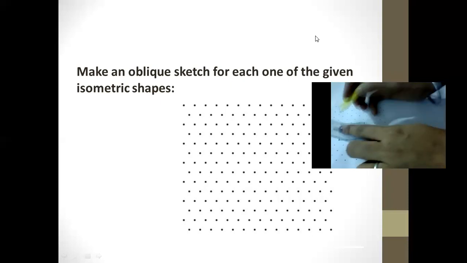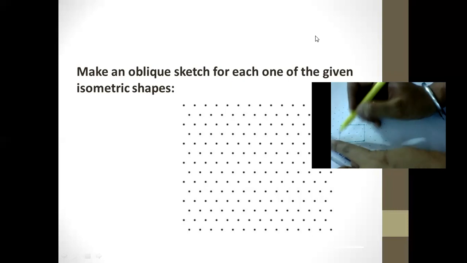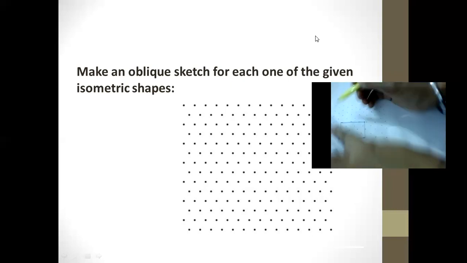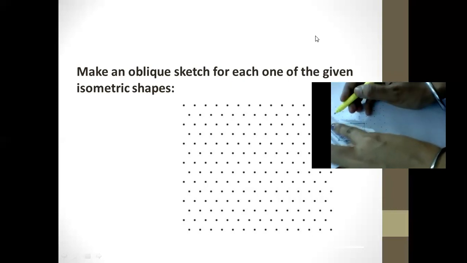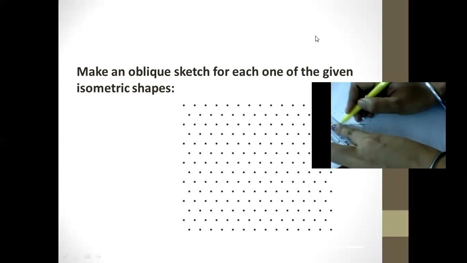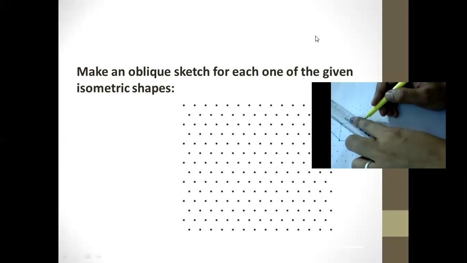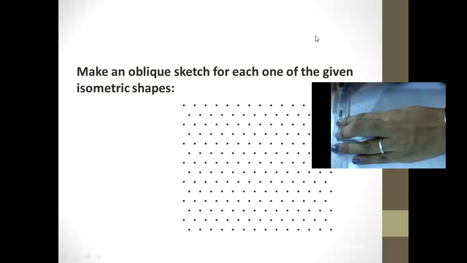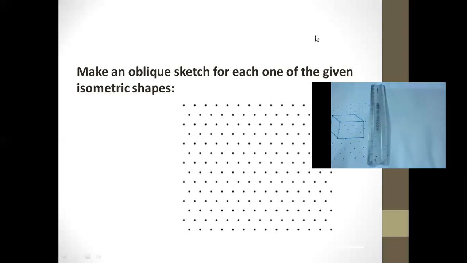Then I would be stretching this arm upwards like this, similarly here, and here. So I will be joining this. So what I got is, yes, a cubical shape. So this was an idea for how we could draw on a dotted area.